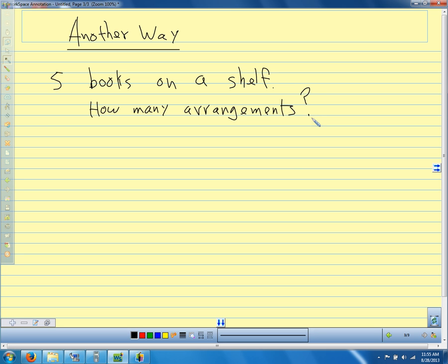We're going to use the fundamental counting principle. I have my books sitting here on the table, and I'm going to pick them up one at a time and put them over here on my shelf. How many choices do I have for the first book? 5. How many does that leave for the book in the second place? 4. How many for the third place? 3. And then we have 2 times 1. If I multiply this out, 5 times 4 times 3 times 2 times 1, what do I get? 120.